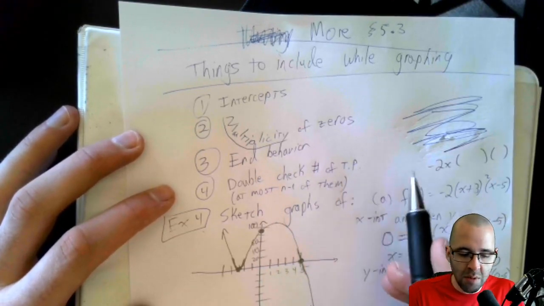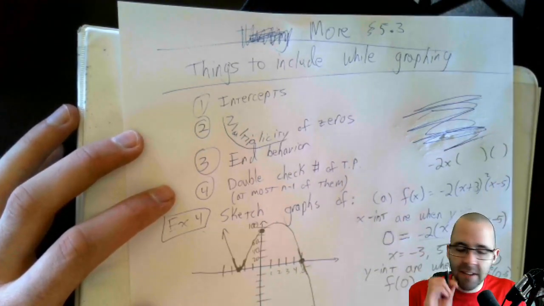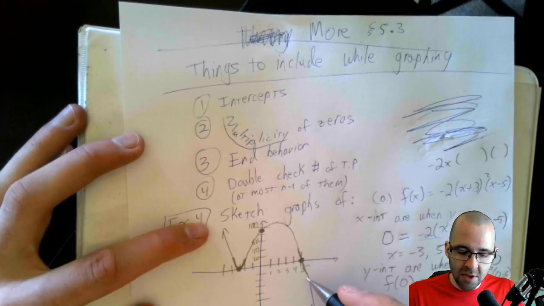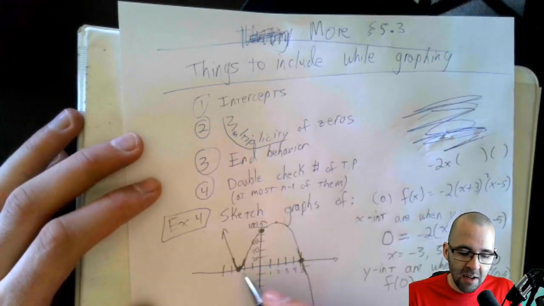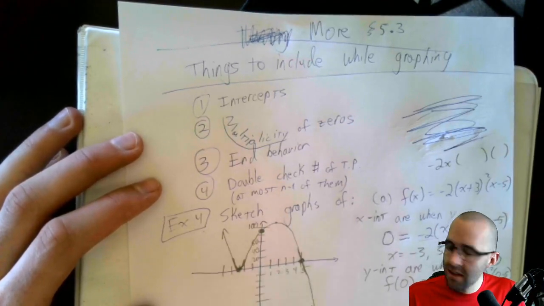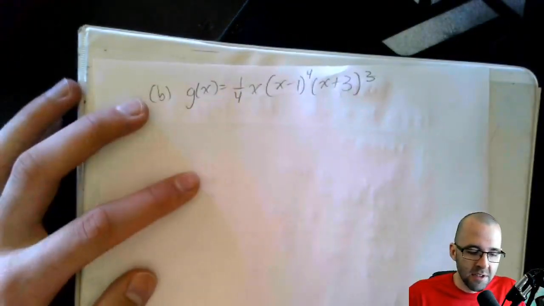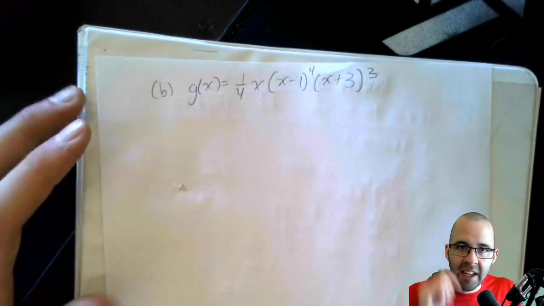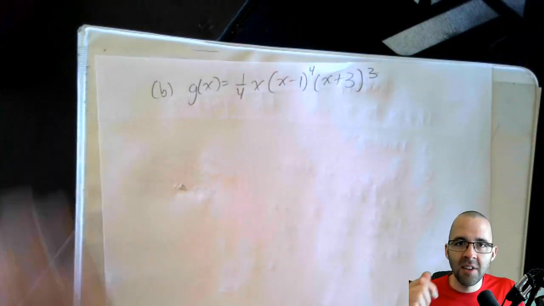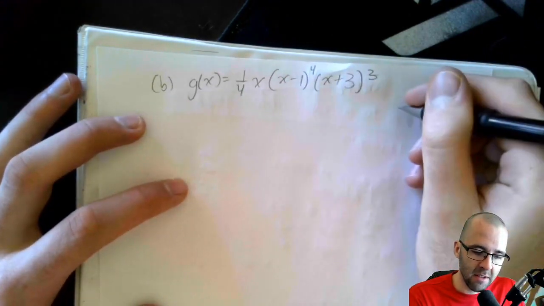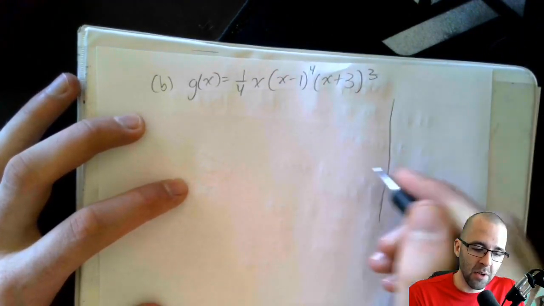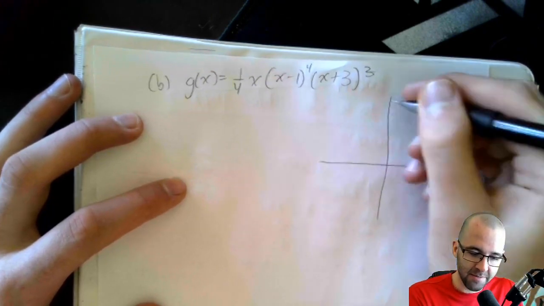Double check the number of turning points. This is a cubic function, so it has at most 2 turning points, and it does have 2 turning points, one right here and one right there. So let's find the intercepts, the end behavior, and the multiplicity, and slowly add it to the graph.